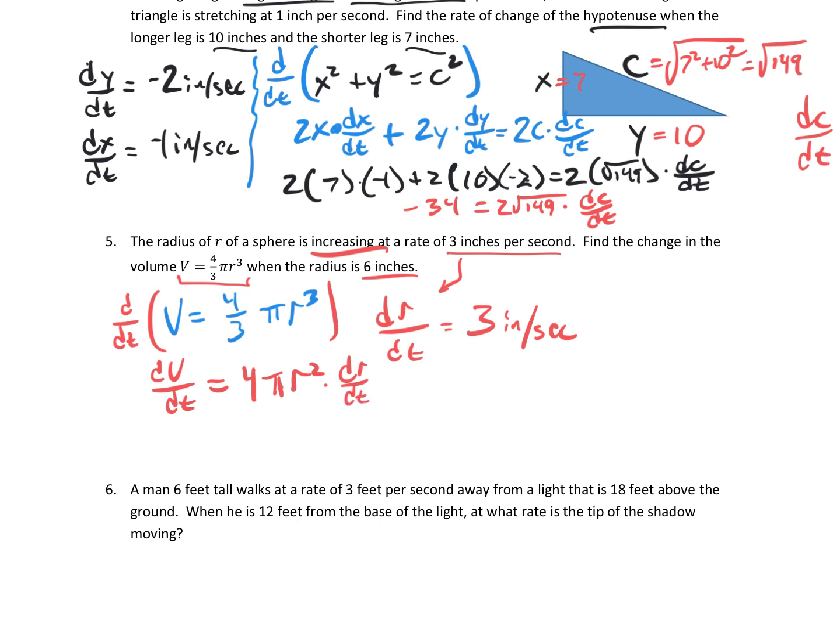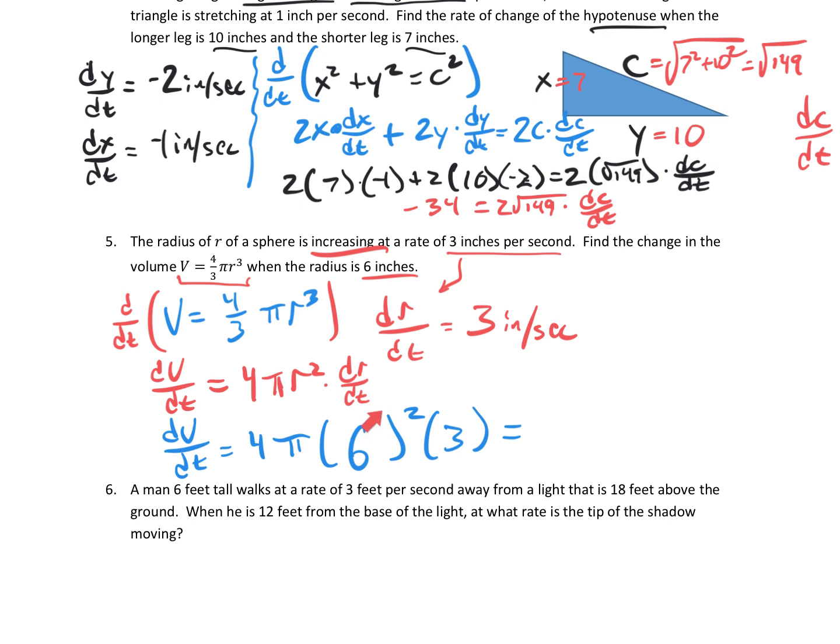And now we're ready to plug in things we know. So dV/dt is equal to 4 pi times the radius. Well, we want this at a radius of 6 inches, squared, times dr/dt, which is 3.